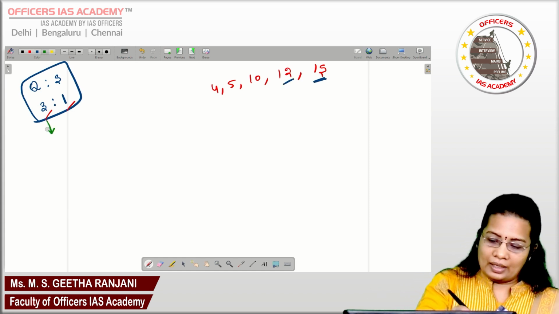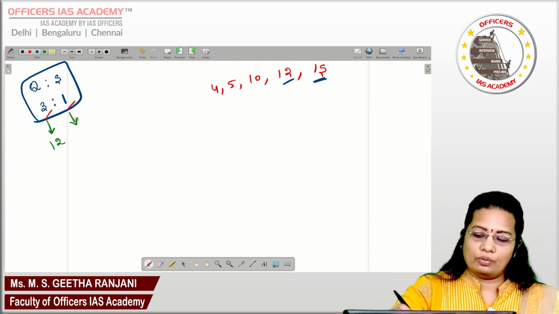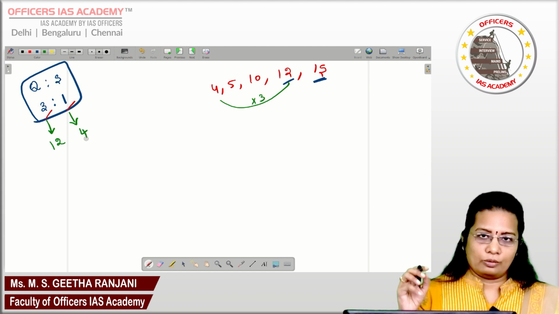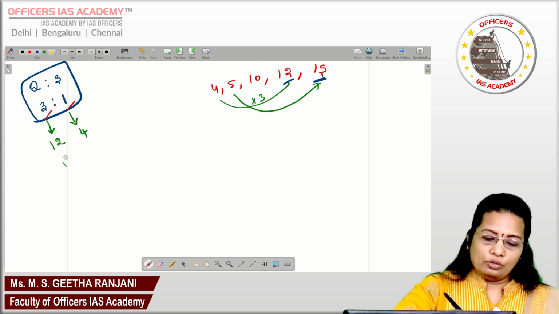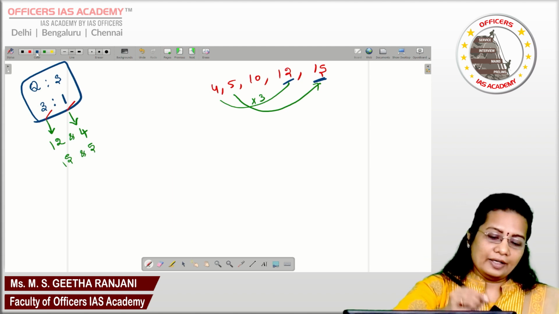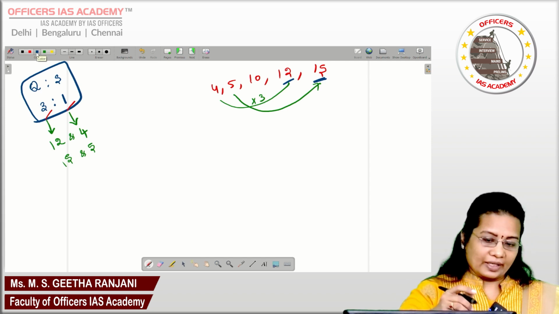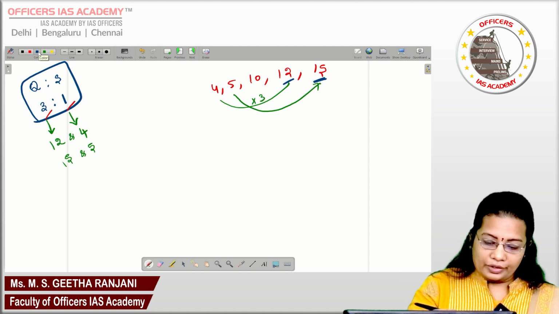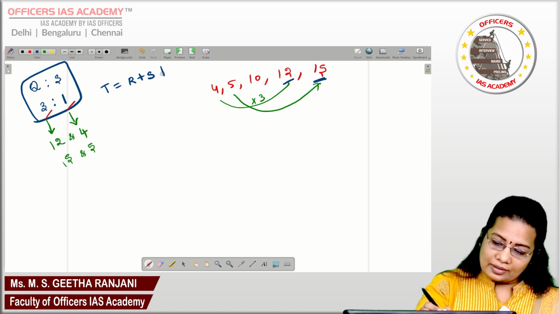Either Q can be 12, then what is the value of S? 4 into 3 is 12, and 4 is also in the group. The next one, 15: suppose 15 is the value of Q, then 5 will be the value of S. There are two sets. From this point, we will not be able to get the exact values of Q and S. Let it be. What is the second condition given? The second condition given is T is equal to R plus S plus 3.